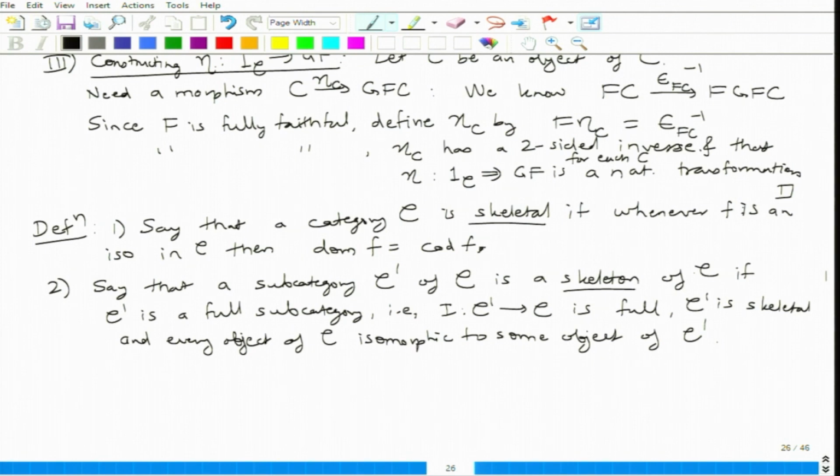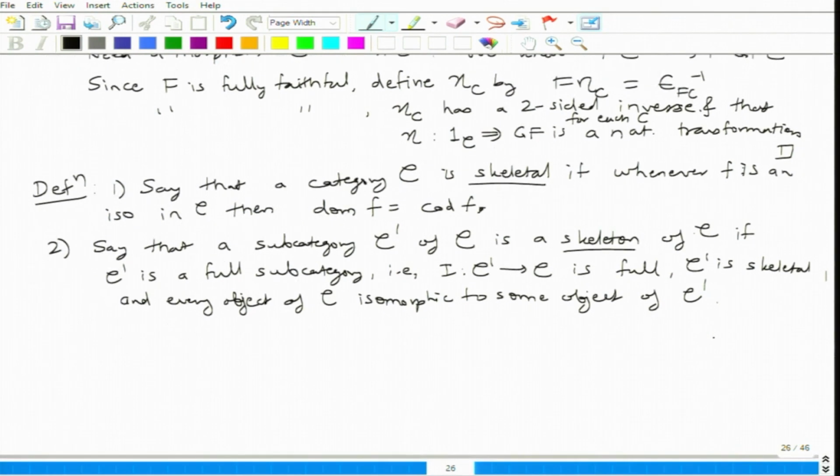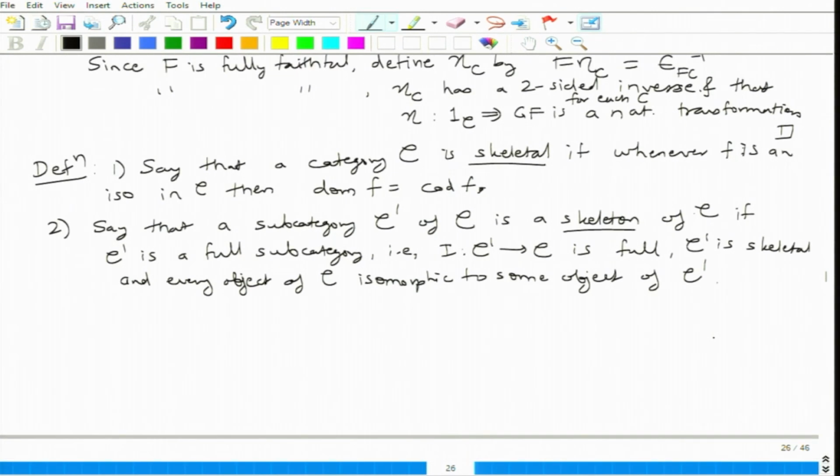Basically we are asking that the inclusion functor is also essentially surjective, correct.